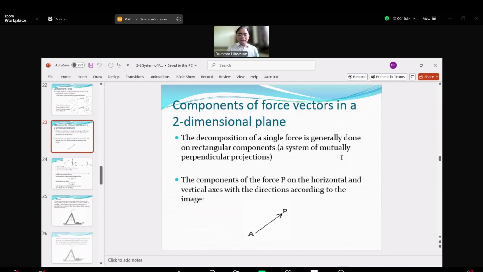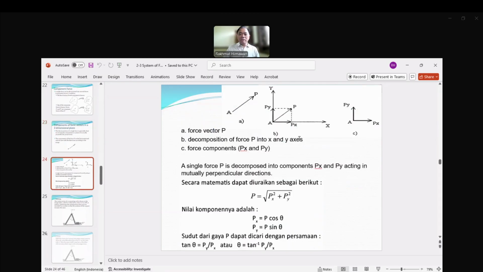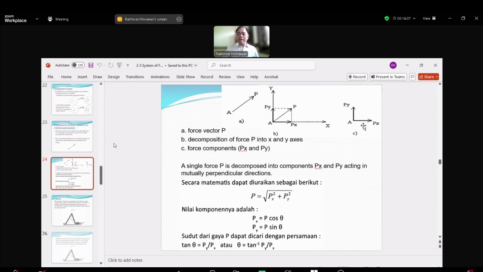Like this, P from point A, we can decompose into Px and Py, and we use this quite a lot. So we erase the P, and we have only Px and Py.